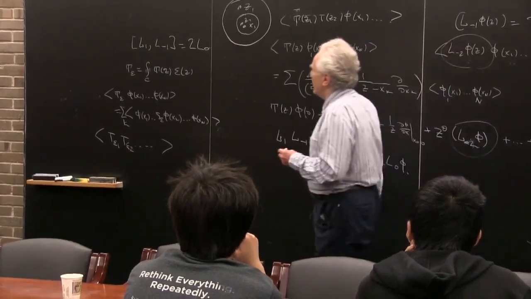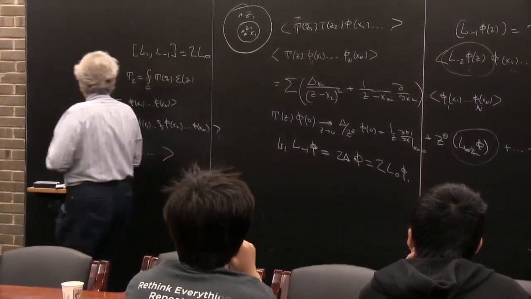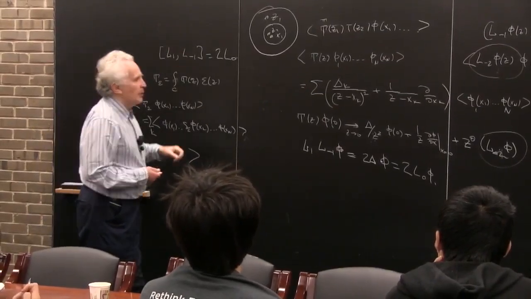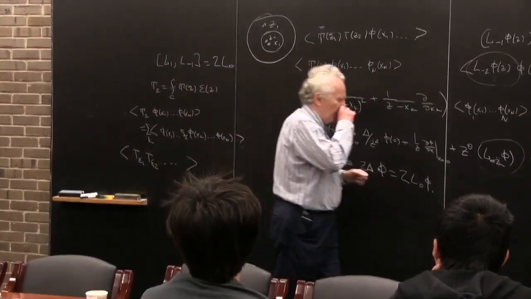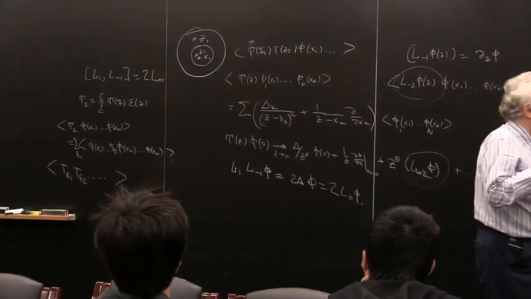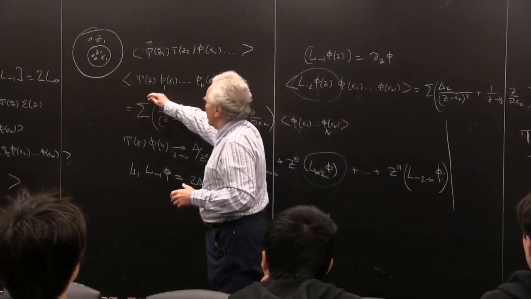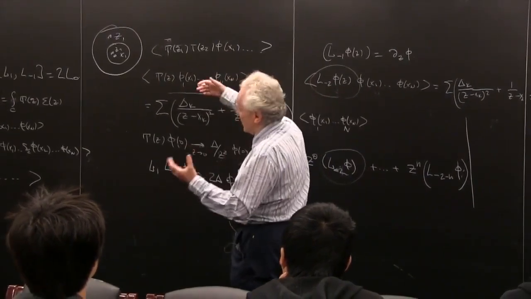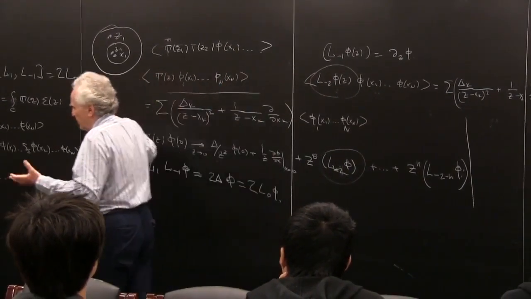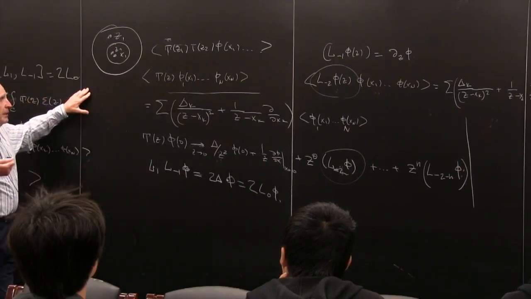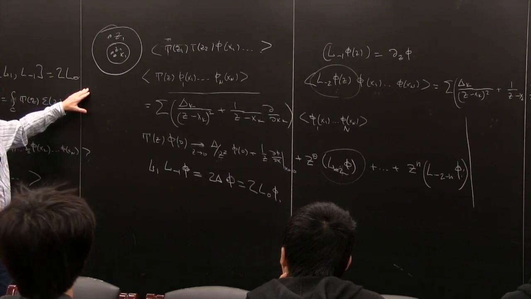So you get the possibility to introduce non-commuting operators in the correlation functions, where the field by itself is just a classical variable.